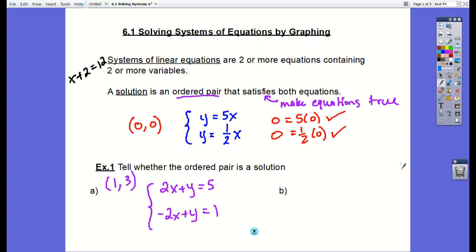And then with part B, let's go with (2, negative 1). And here's your system. x minus 2y equals 4. 3x plus y equals 6.